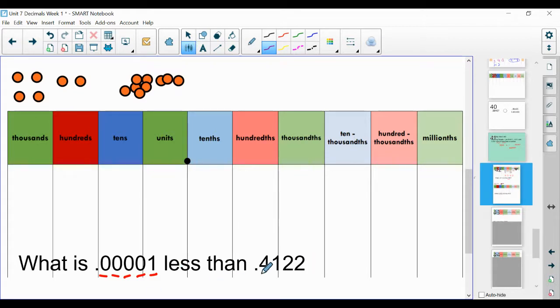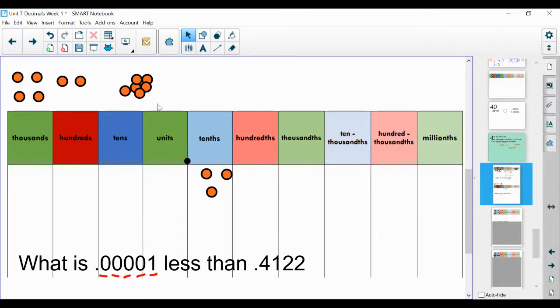The first thing I'm going to do is pull these counters in to model this number. So I'm going to pull 4 in my tenths place, 1 in my hundredths place, 2 in my thousandths, and 2 more in my 10,000ths place. This doesn't have to be perfect. So this is our original number we're starting with, 4,122 10,000ths.